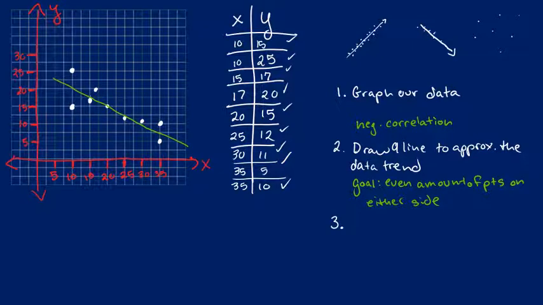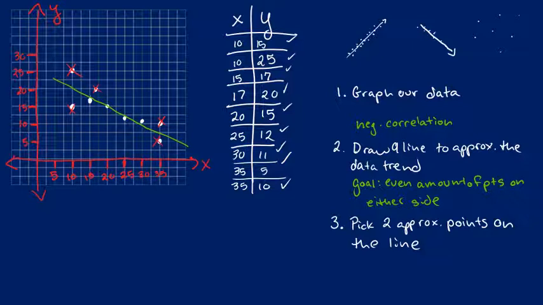And step 3: pick 2 approximate points on the line. You do not have to pick your original data points. For example, this one lies above the line, this is above, this one's below and below.